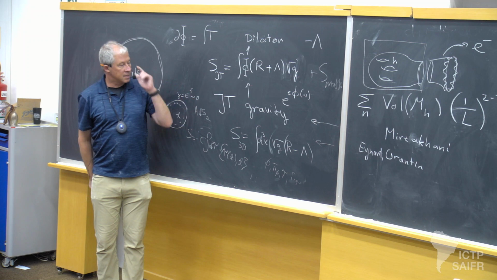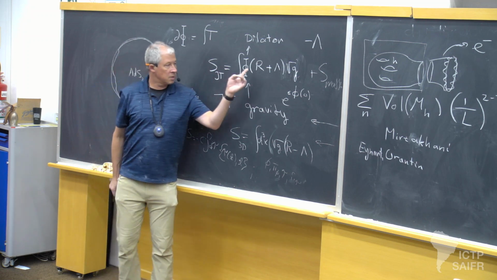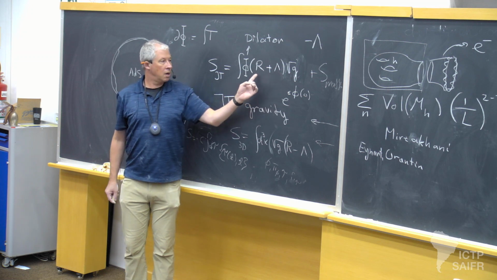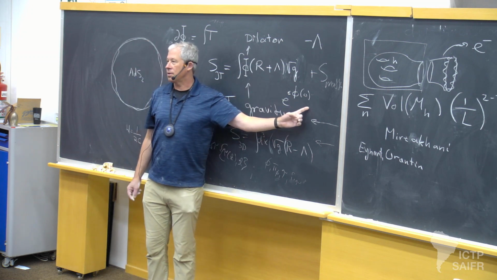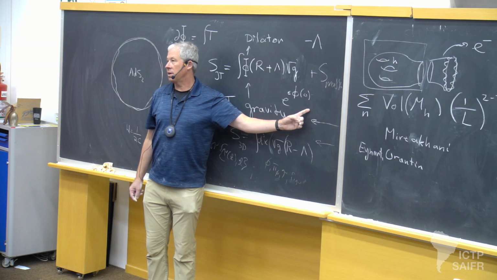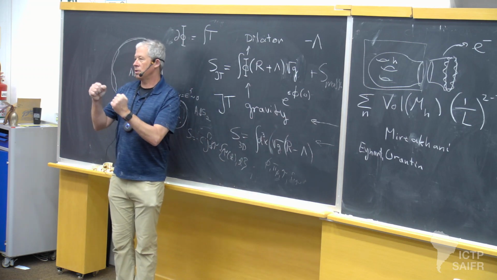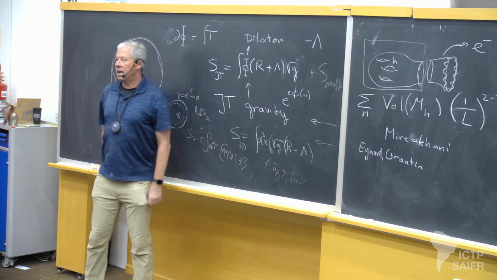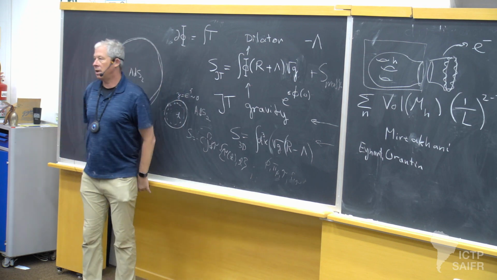What happens then is that the equation of motion no longer tells me that R is minus lambda, so it's no longer constant curvature, but R has a delta function curvature at the location of the horizon. So at that point, indeed, I've inserted a little conical deficit.